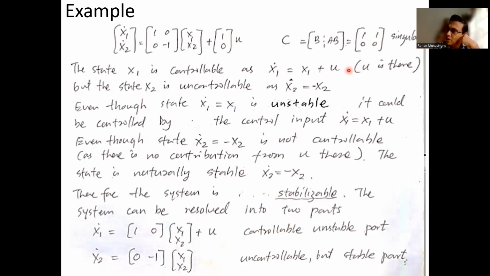Can somebody tell me? It's a very simple question. What do you mean by stable and unstable?